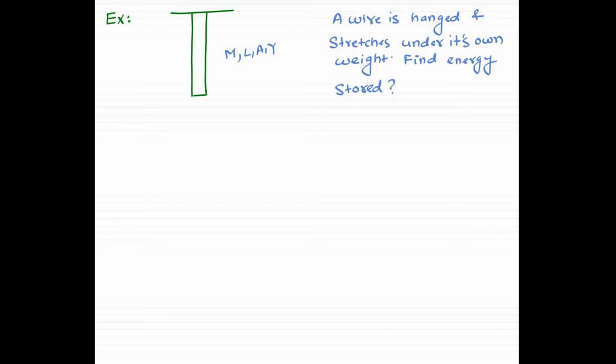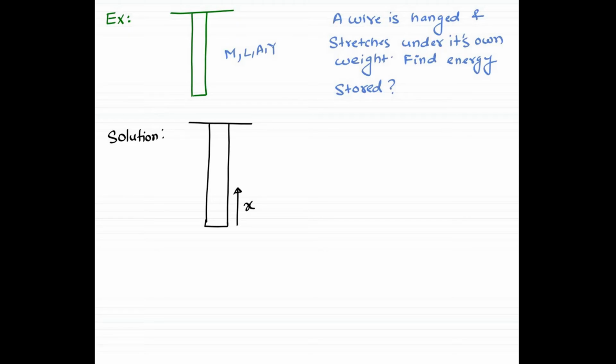Now let us take a look at this question. A wire is hanged and it stretches under its own weight. We have to find out the energy stored. Say after stretching it has reached an equilibrium state.